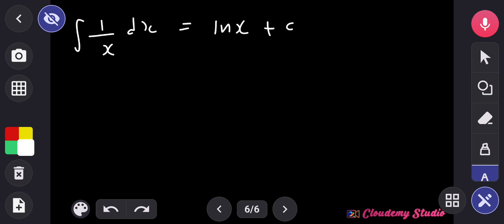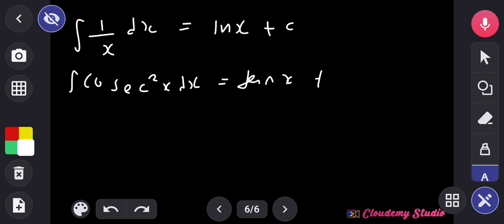And we have a lot of them like that. The integral of cosec squared x dx is given as tan x plus c. So these are the standard integrals that we are going to be applying in the method of integration.